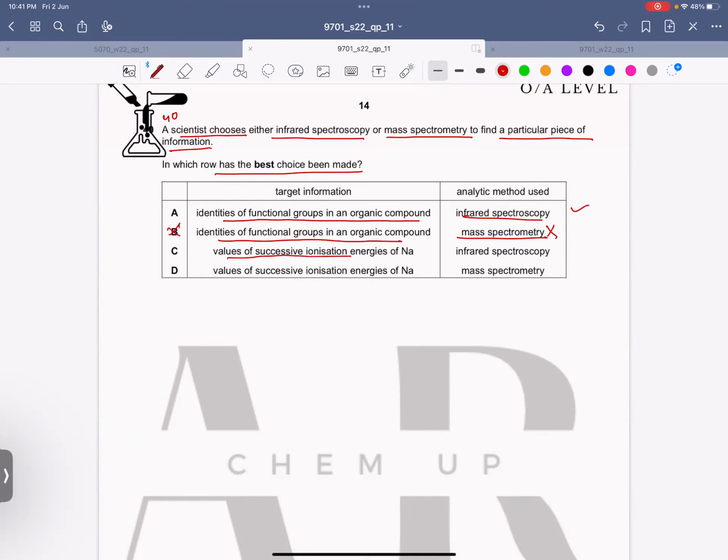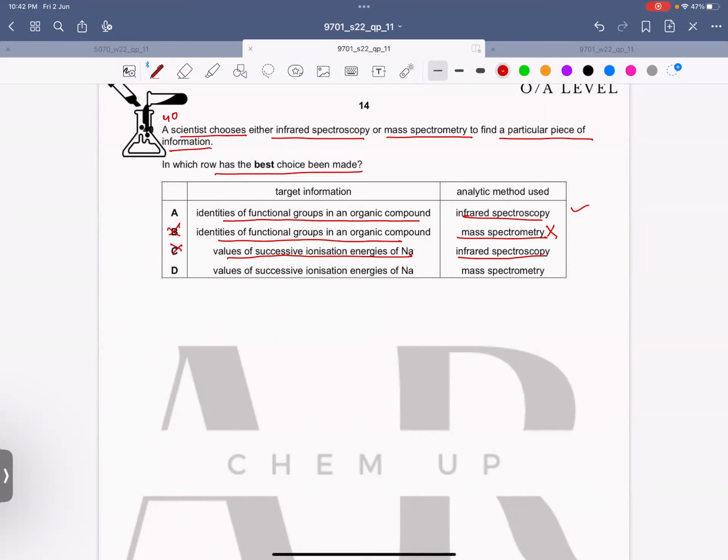Values of successive ionization energy of sodium: infrared spectroscopy. No, because infrared just provides the energy to vibrate the bond. No electron can be removed from the atom.